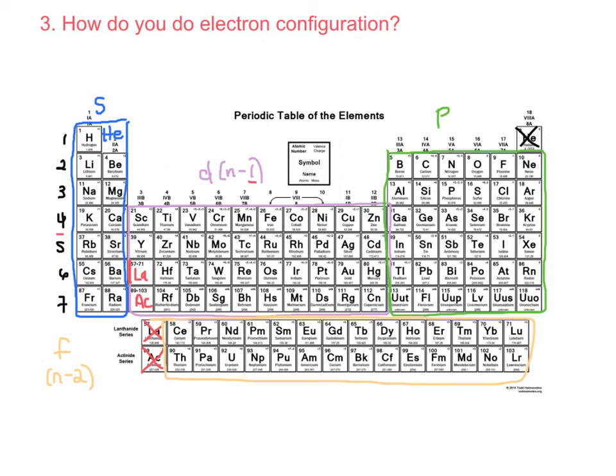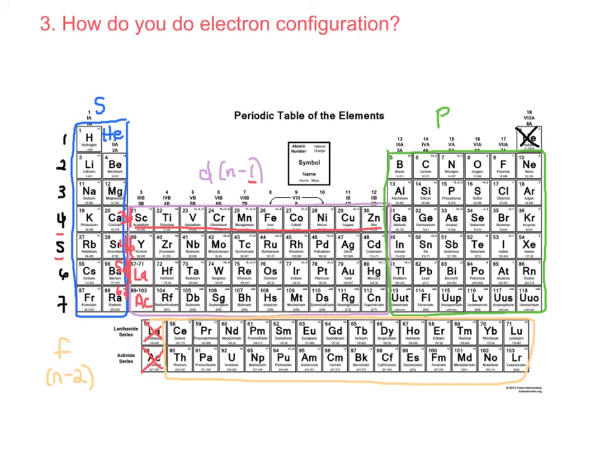So even though we're in the fourth row here, we called this row 3D instead of 4D because we subtracted 1 from n, which is the principal quantum number. And then when we were in the fifth row, when we got to the D block, we called this 4D. And then when we were in the sixth row, we called it 5D. And then when we were in the seventh row, we called it 6D.